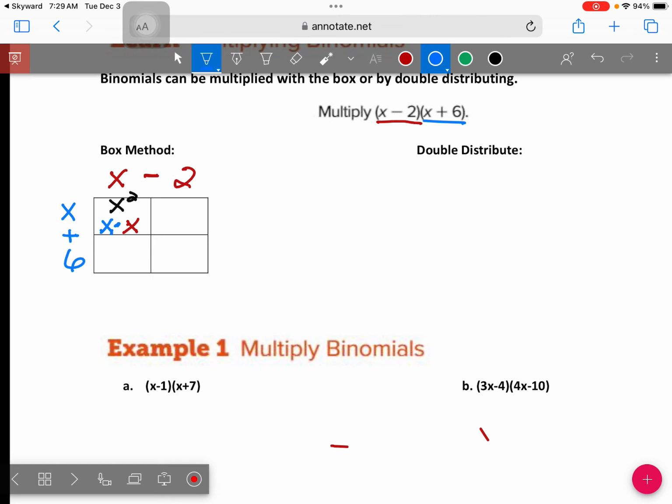That is looking at x in blue times negative 2. x times negative 2. So putting the coefficient first, that's going to be negative 2x. Is everybody with me so far?